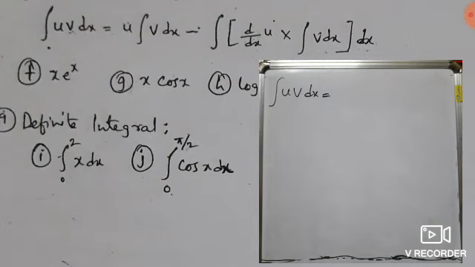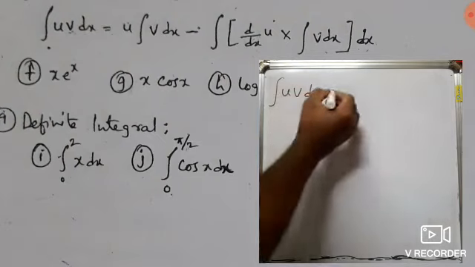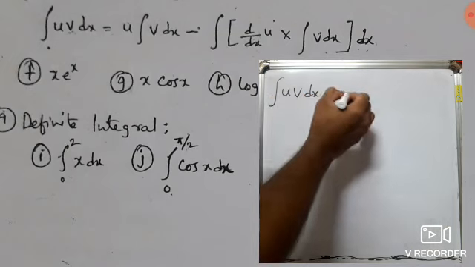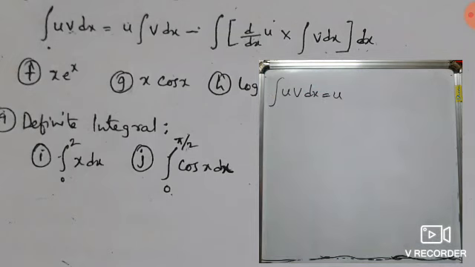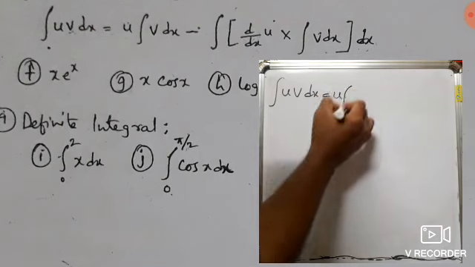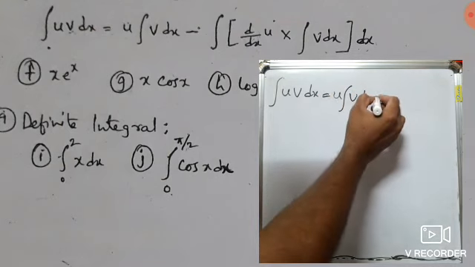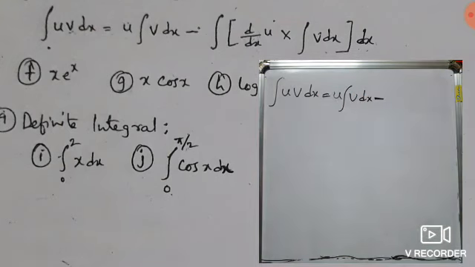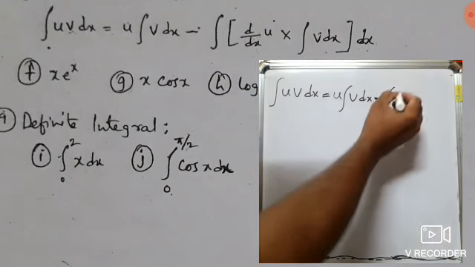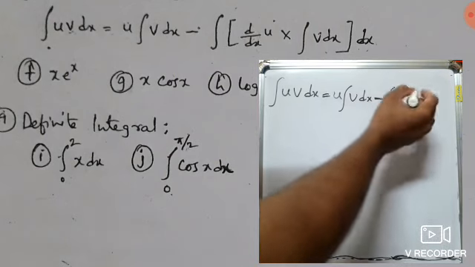So integration by parts, what does it do? The first term u will come outside of integration and it will be integration of v dx, minus integration of the whole term.